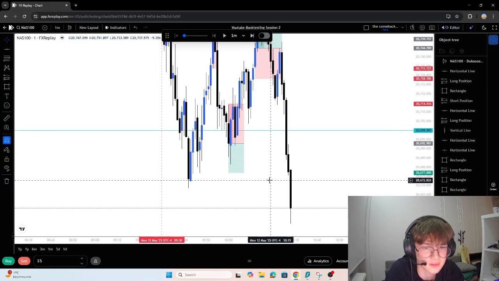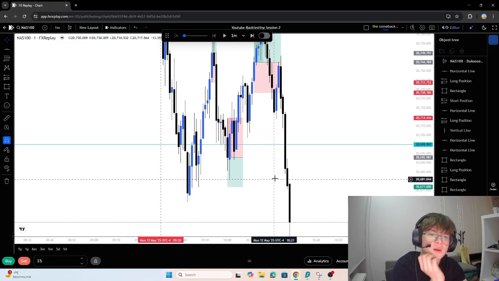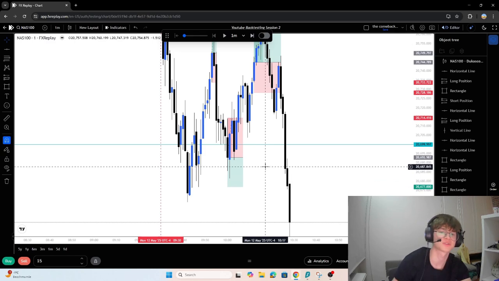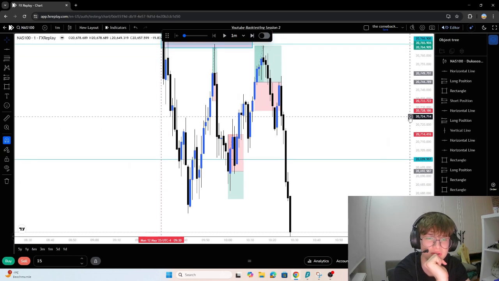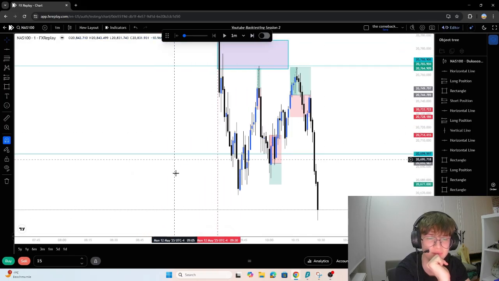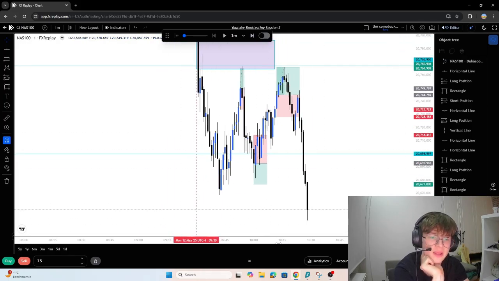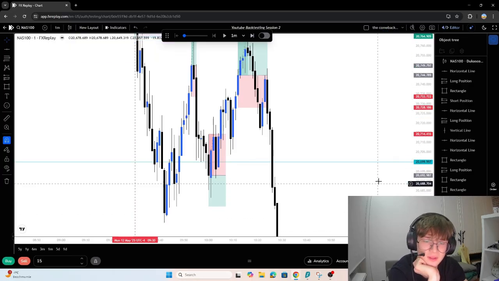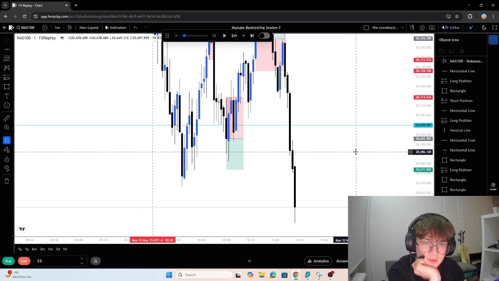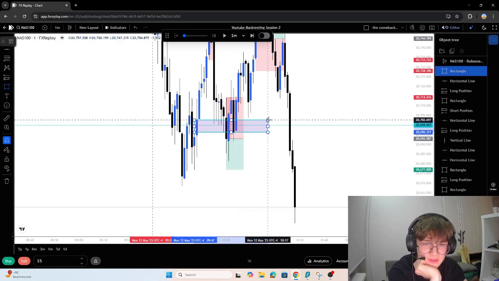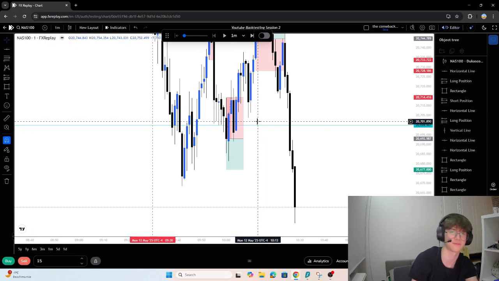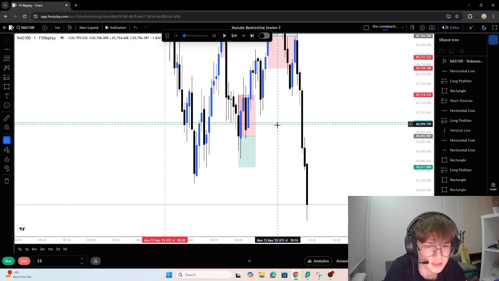And this trade was, yeah, I don't think it was good, just because I don't see a reason why we should have continued downwards. We already swept this low. We were in an opposing FVG, and naturally kind of took it because we inversed this FVG. Yeah, so I think I know why it got stopped out.